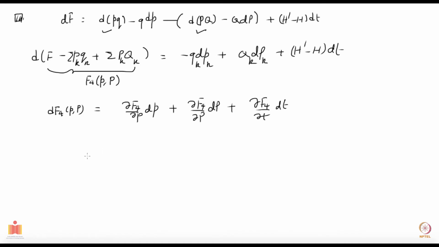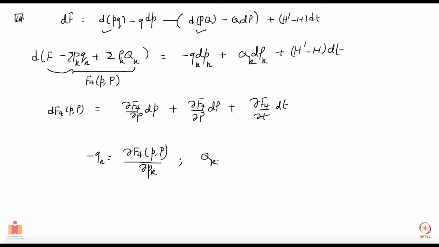Again, if you compare, you get that minus qk is del f4 over del pk, that's one.